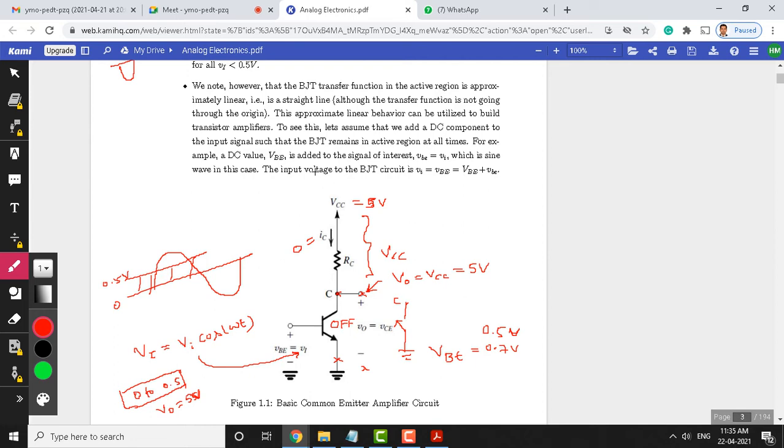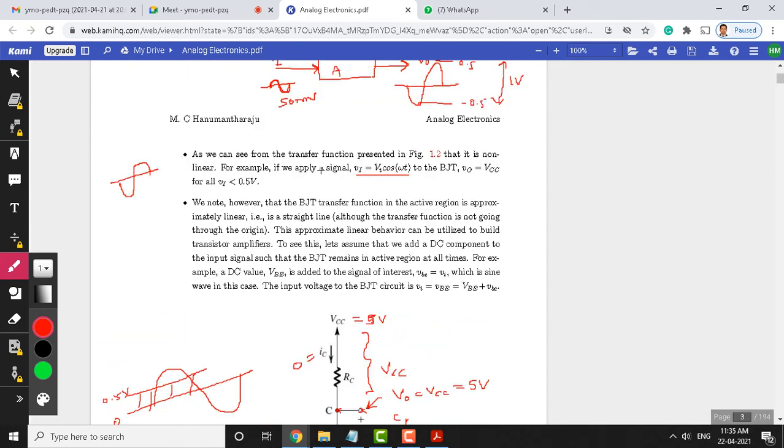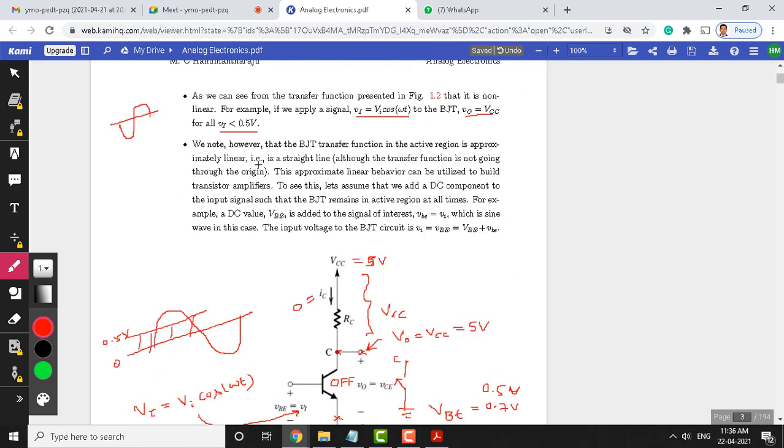The same thing is illustrated here, you can go through this. As I said, we are applying a cosine signal to the BJT. V naught will be equal to VCC for all input signals applied less than 0.5 volts. We note, however, that the BJT transfer function in the active region is approximately linear.